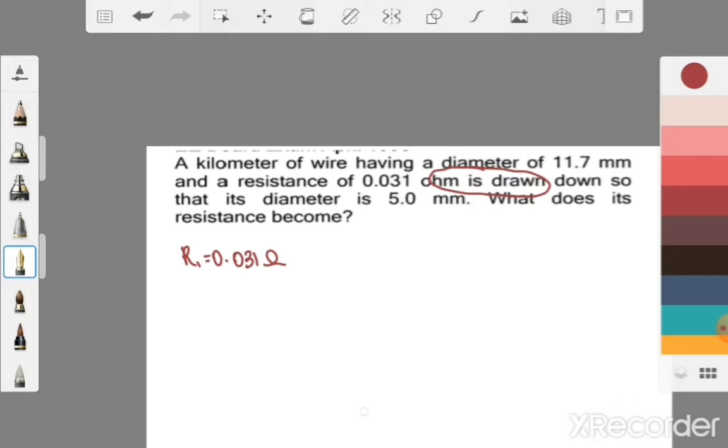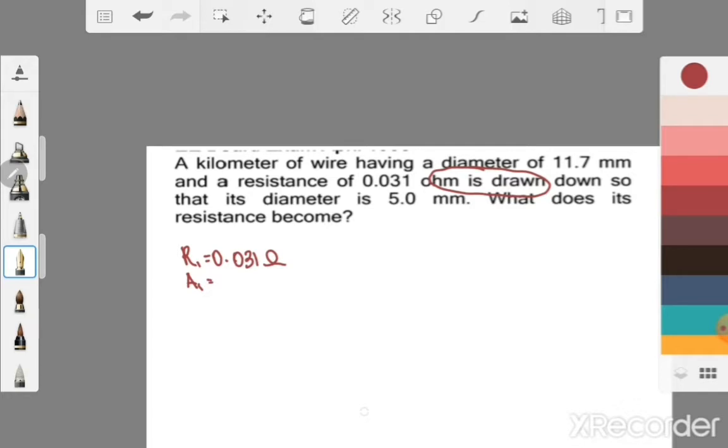What does its resistance become? Okay, we have our A1, which is equal to 11.7 millimeter squared.